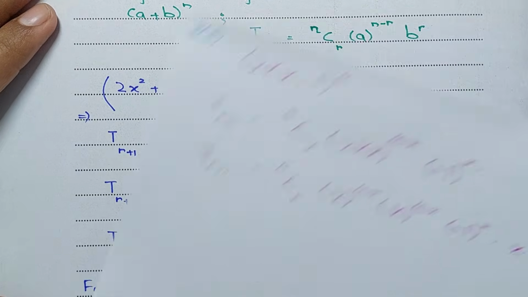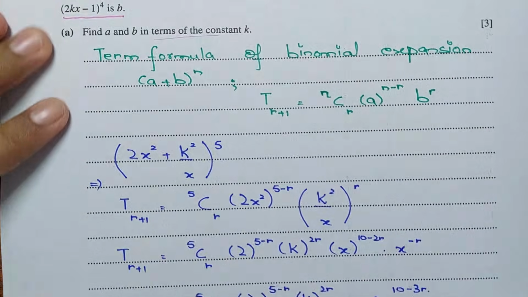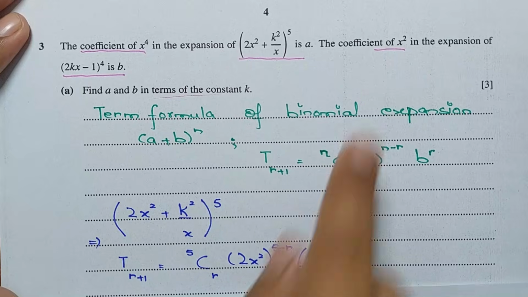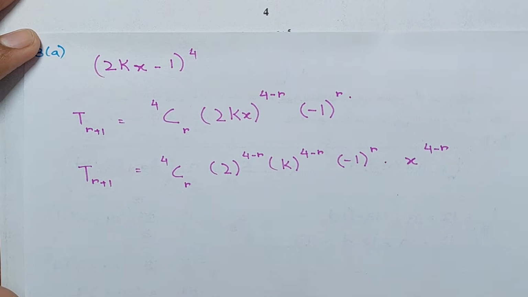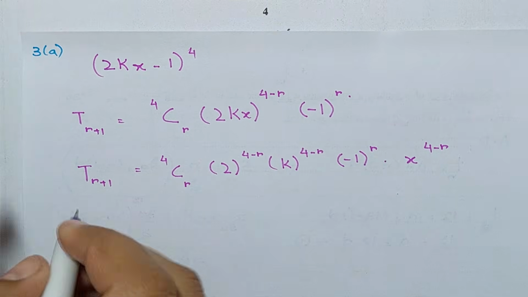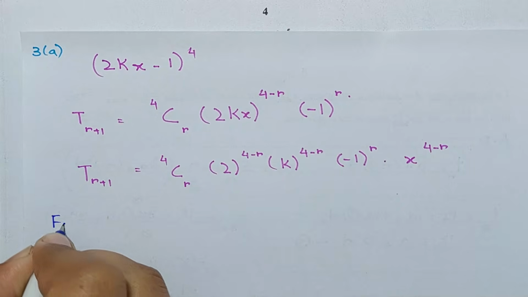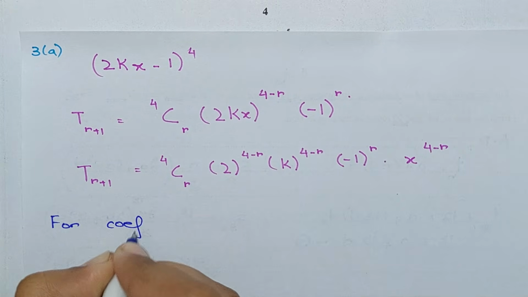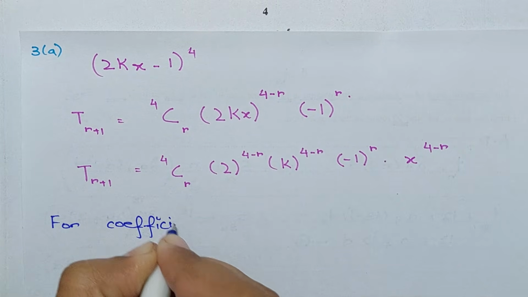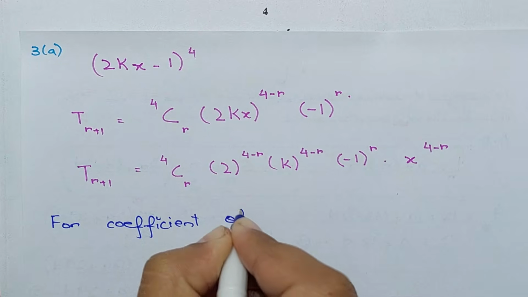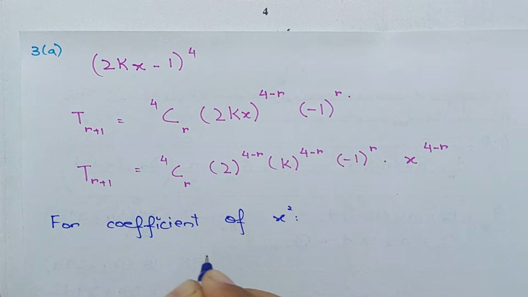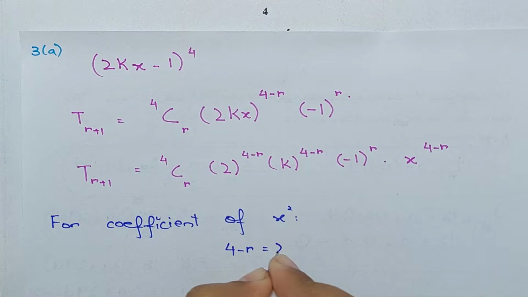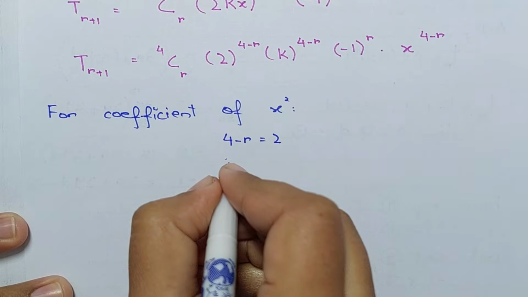Okay, now what we need to figure out? We need to figure out the coefficient of x squared in this expansion, right? So for the coefficient of x squared, 4 minus r should be equal to 2, and solve for r.